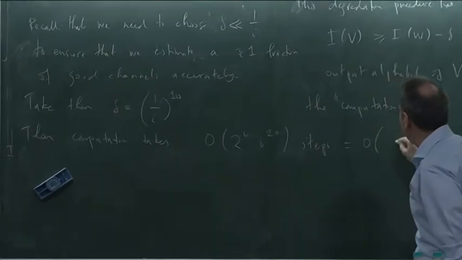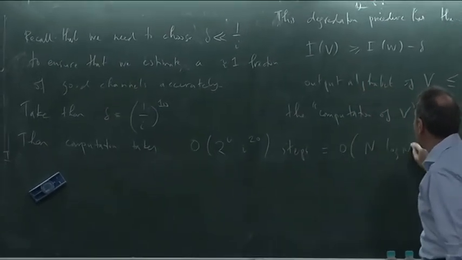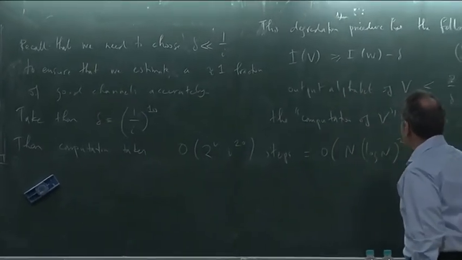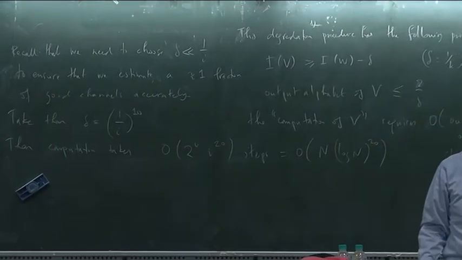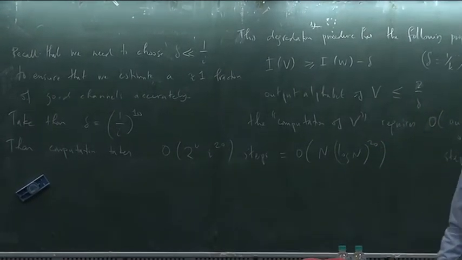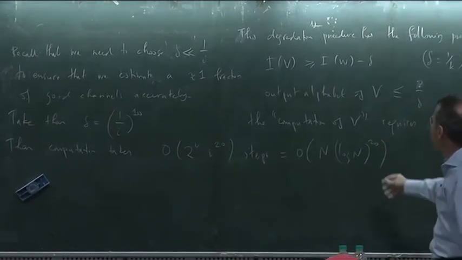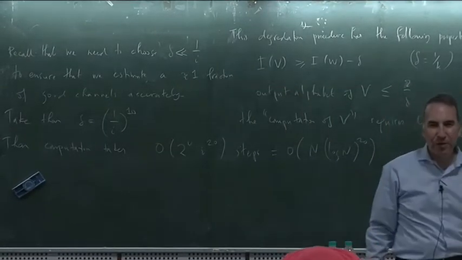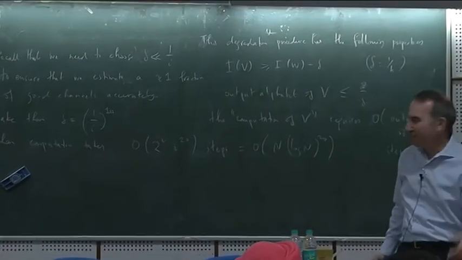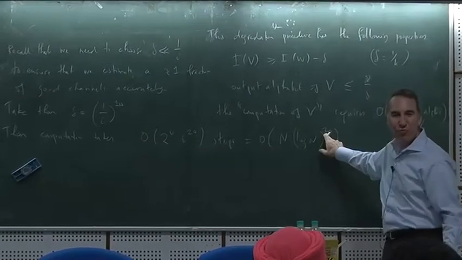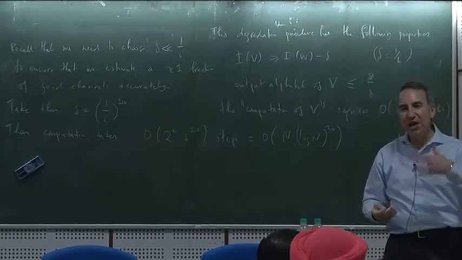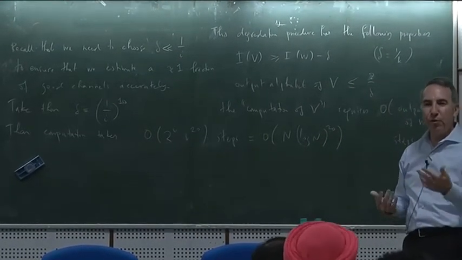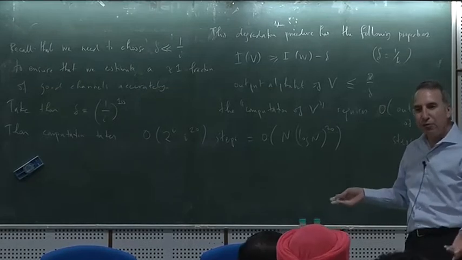But this is equal to n times log n to the power 20, n being the block length of the code that you have. Instead of 10, I could have picked 1.01, then this would have made this thing 2.02. So essentially n times polylog of n computations is sufficient.